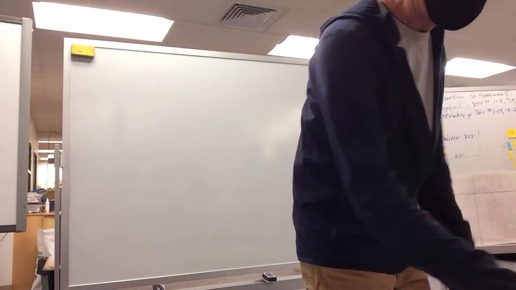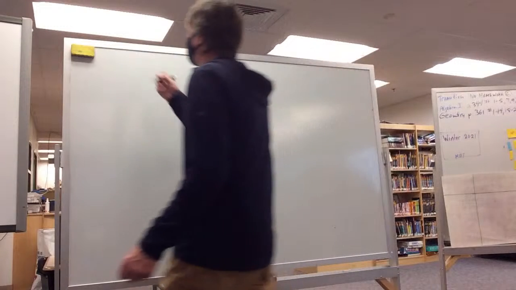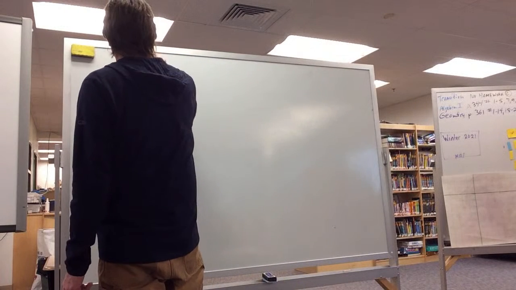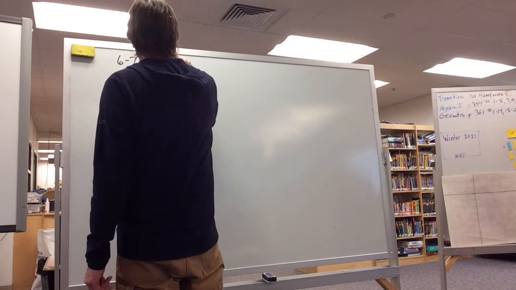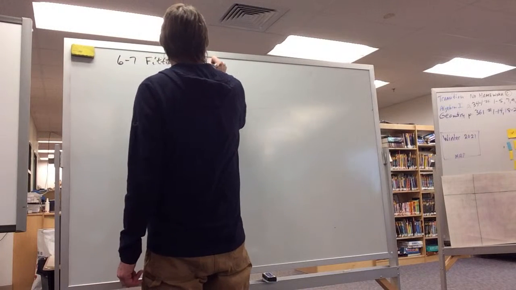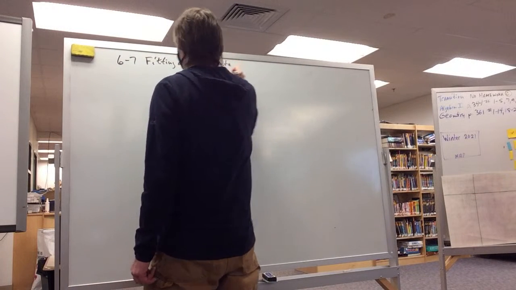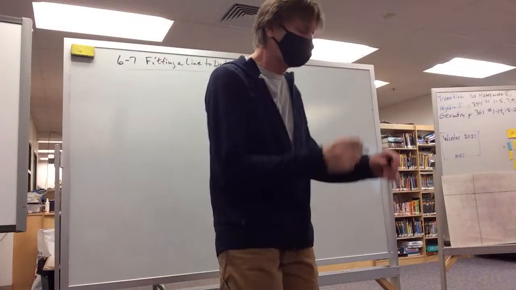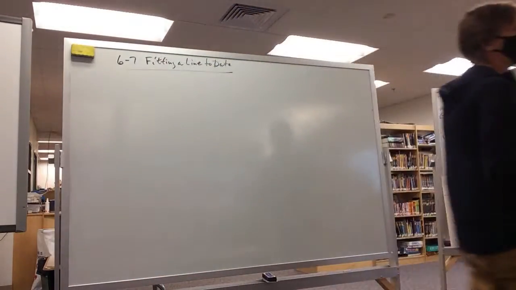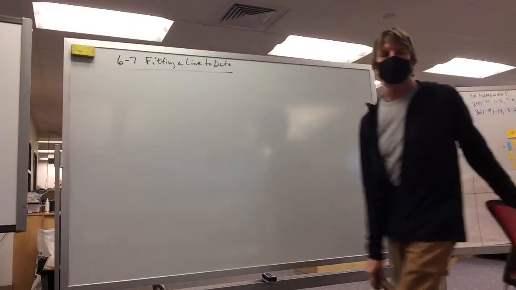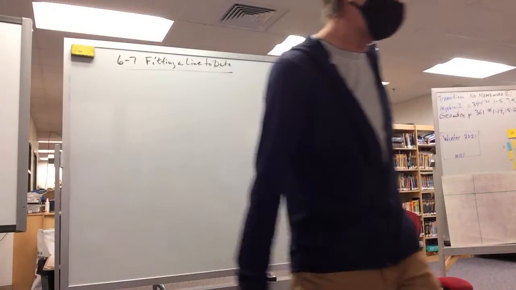So the next lesson is fitting a line to data. So the significance of all of this. Math is a language. I've told you that 100 times. Math is a language.